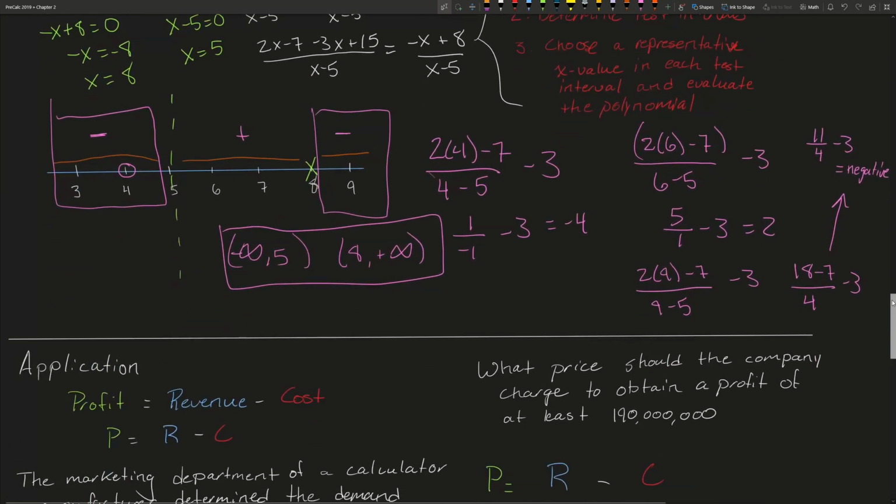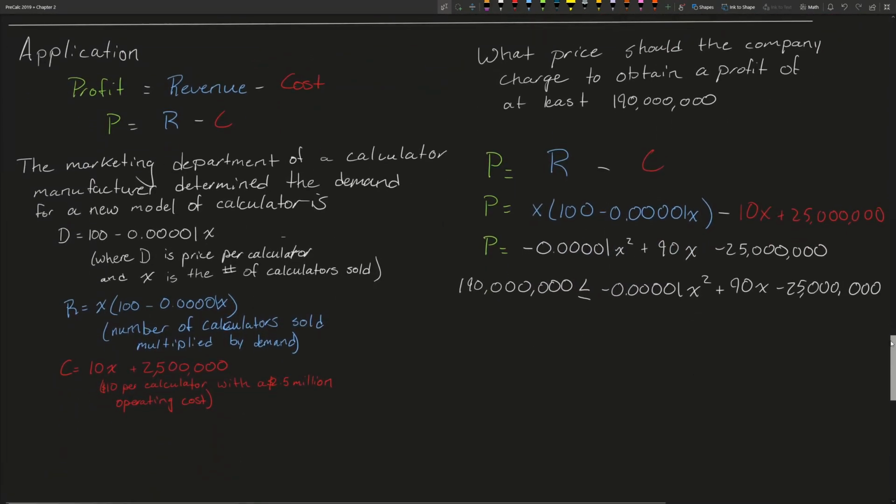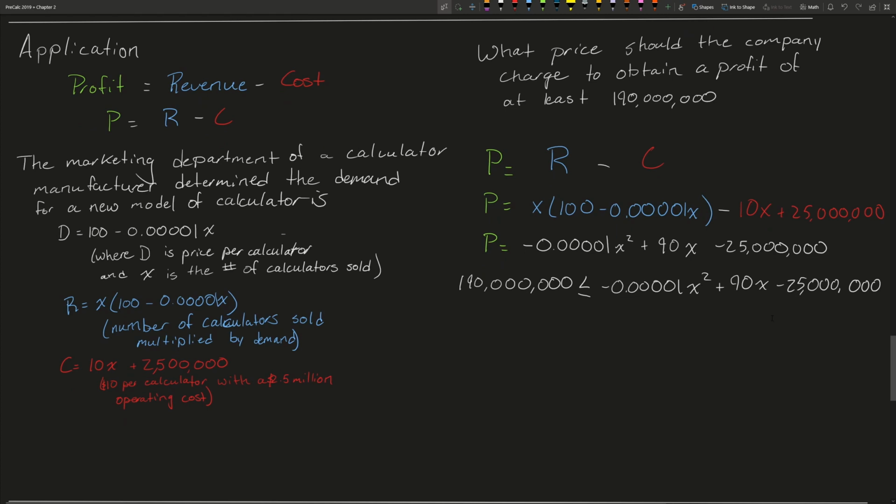So why is all this useful? These inequalities can be used to minimize cost and maximize revenue. So for example, a marketing department of a calculator manufacturer determined the demand for a new model of calculator is D is equal to 100 minus 0.00001x.